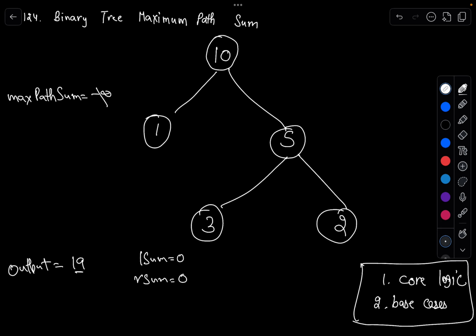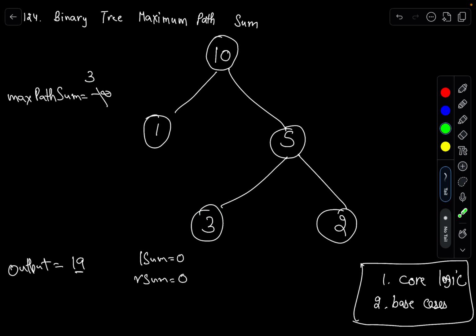So we'll be updating this max path sum for each node. When I'm at a particular node, I'll be checking what could be the maximum path sum including this node. If it's greater than this value here, I'll just update it. Now you noticed the max path sum got updated to 3.